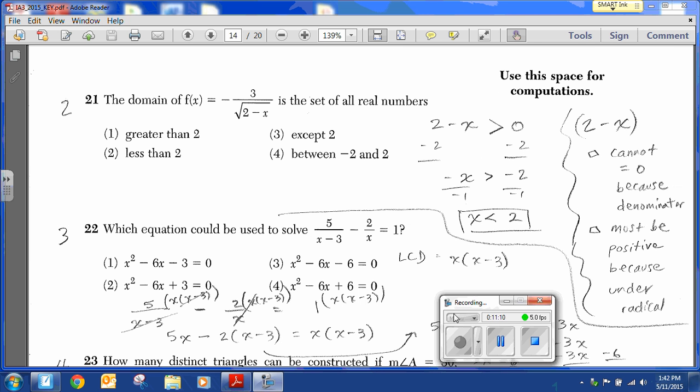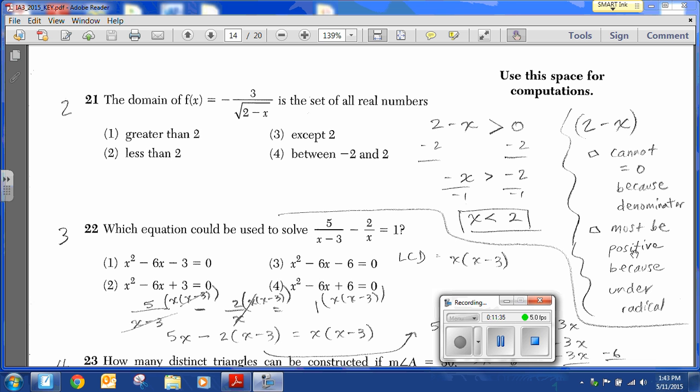Number 21, the domain of f of x equals negative 3 over radical 2 minus x is the set of all real numbers. What you must remember is you cannot have 2 minus x equals 0 because it's in the denominator. And also 2 minus x is under the radical, so it must be positive.